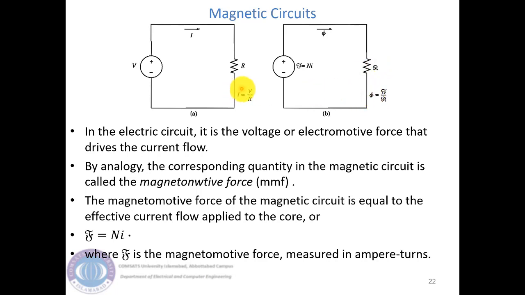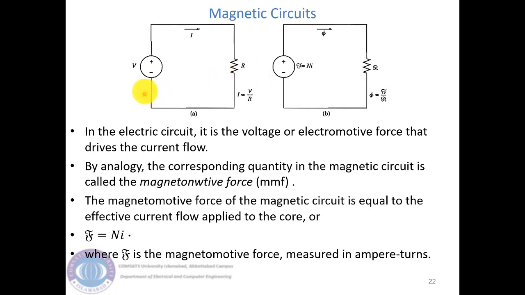Here we know the very well-known Ohm's law, V is equal to IR, so the current is I equal to V over R. Similarly here, flux is analogous to the current, and reluctance is analogous to the resistor. So phi is equal to F over R. Again remember, this script R and script F are just to differentiate different quantities that we are using.